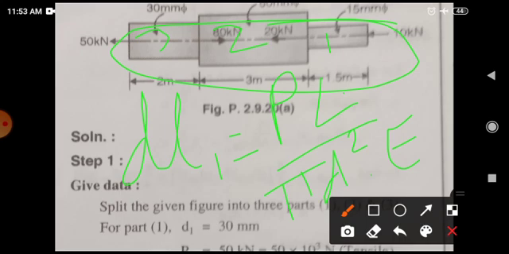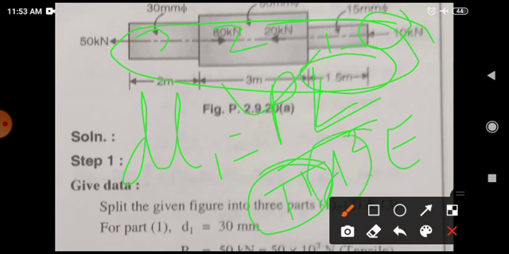PL upon pi d square into, I think, capital E. This was the formula, where P equals 10 kilonewton, L equals 1.5 meter, and the value of pi is also there. Sorry, it is 4PL upon pi d square E. D is given as 15 millimeter, you can see over here 15 millimeter.